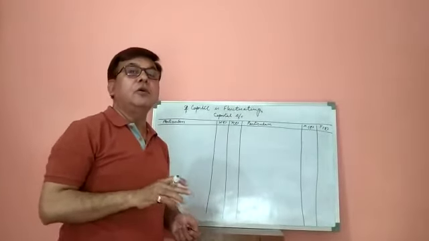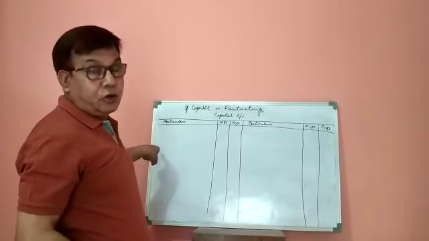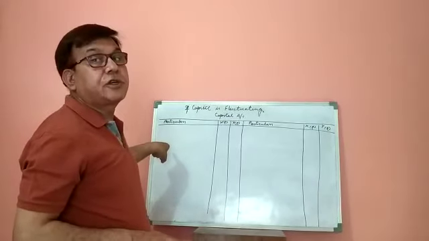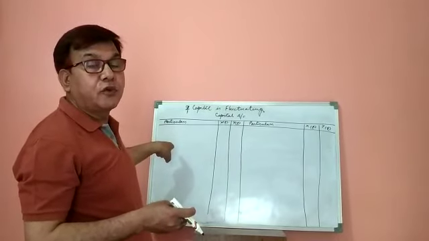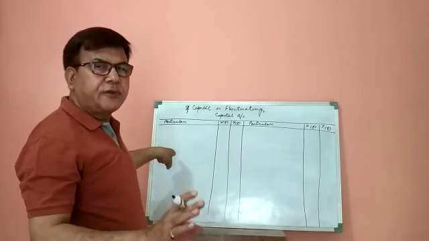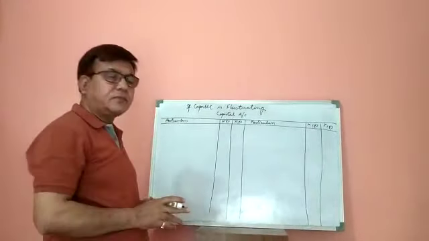Once again I am telling you, we might have to sometimes make a column for date also. But only if it is necessary, you are given dates for salary, for drawings, for introduction of capital or for various things, right? Otherwise 99% we do it in this way only.